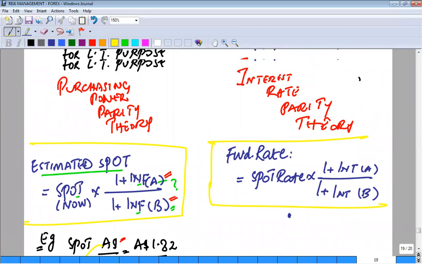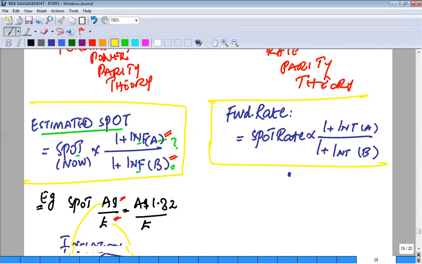If we have to identify the forward rates, it's spot rate multiplied by 1 plus interest over 1 plus interest. Short term means for 6 months, for 8 months.